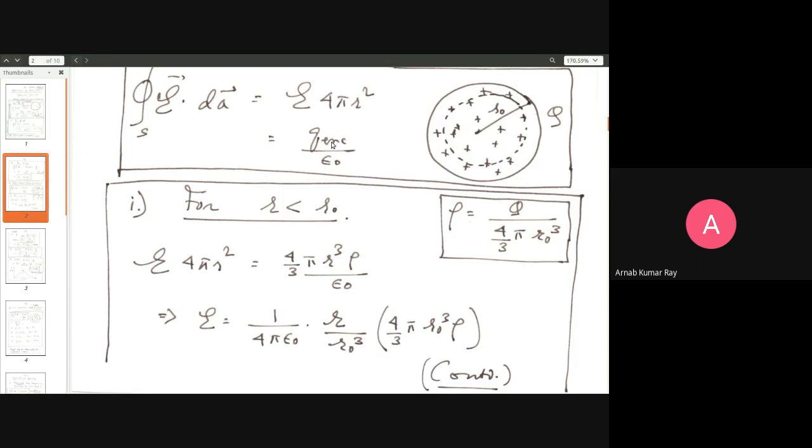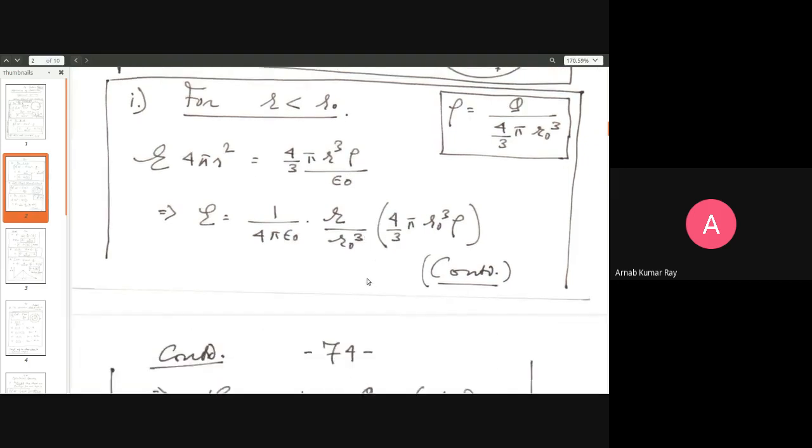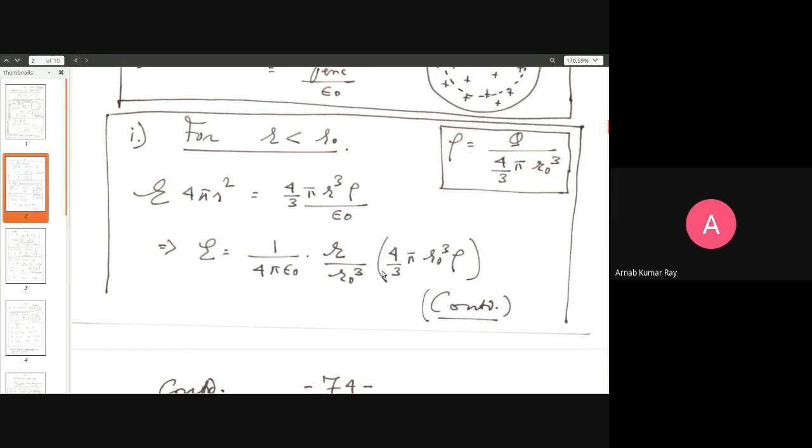Now, what is the total charge enclosed within this dotted circle? It will be rho, charge density, multiplied by the volume of the dotted circle, which has a radius of r. So 4 third pi r cubed into rho by epsilon naught. And so now you can actually do a lot of cancellation business, but I'd rather not get into all that. What I would do is multiply and divide this equation by r naught cubed.